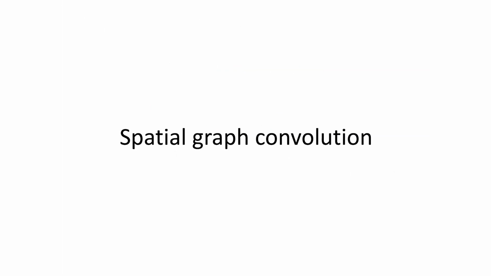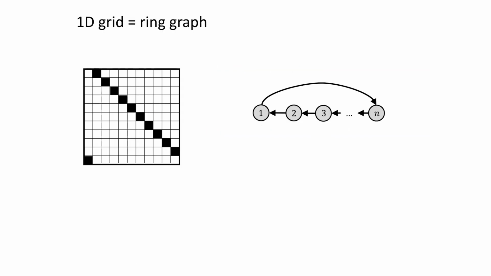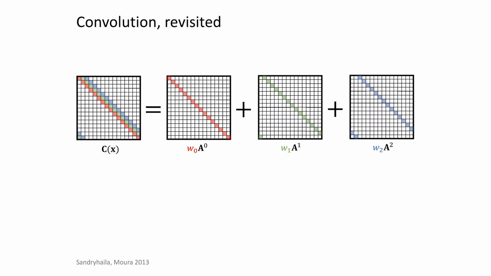Let's talk about spatial convolution on graphs. And here again, take a step back and look again at the grid. We've seen that the adjacency matrix of a grid is the shift operator. So if we look at the convolution, we've seen that it has this spatial circulant structure, essentially a multi-diagonal matrix where the elements on each diagonal are fixed.